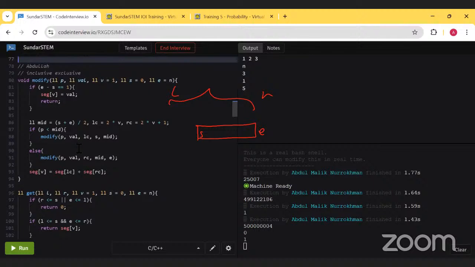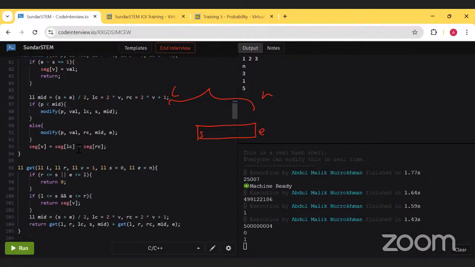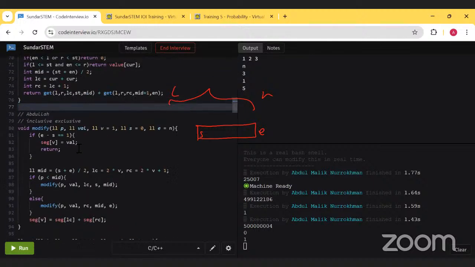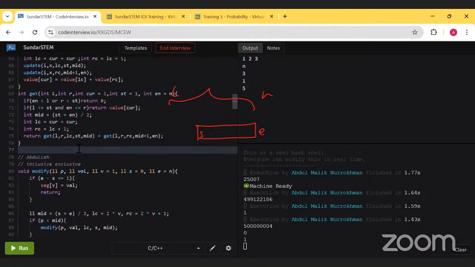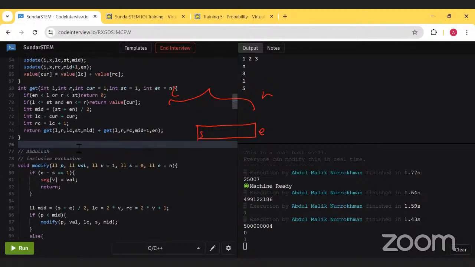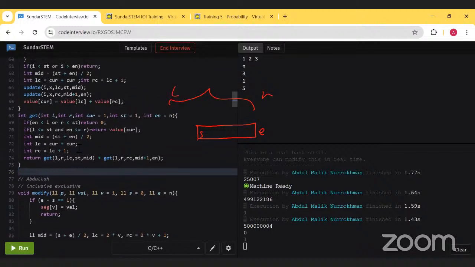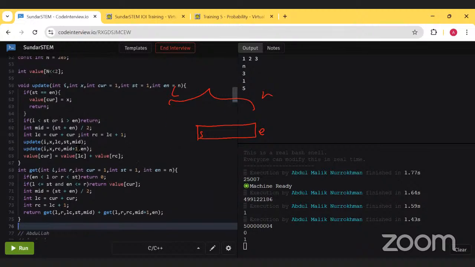And of course, all of them are correct. You can use inclusive or exclusive, and the implementation will be a little bit different.